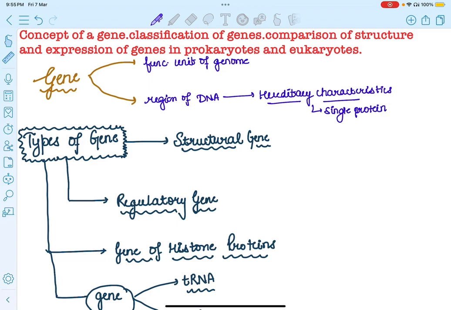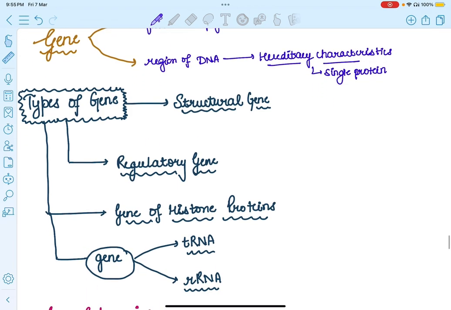Now let us know the types of gene. Basically, there are five types of gene, and their function is basically determined by their name. Suppose we have first, that is structural gene. Structural gene has the word structure in it. That means it will be coding for a protein that will be forming what?